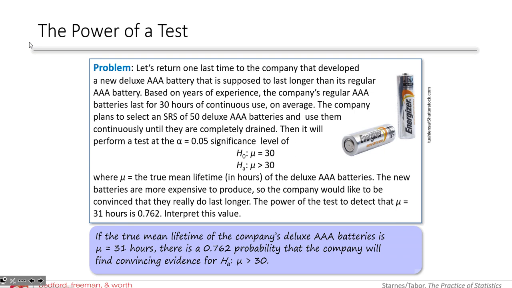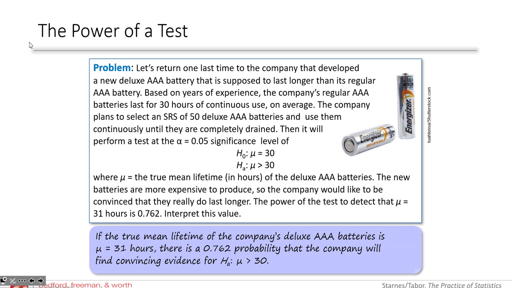If the actual population mean lifetime of those batteries is actually 31 hours, so if that population parameter value is actually 31 hours, there would be a 76.2% chance, or in other words, 0.762 probability, that the company would reject H0 and that they would find evidence to say that the population mean is actually greater than 30.